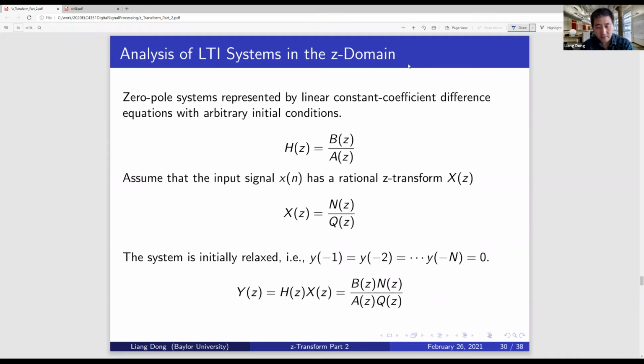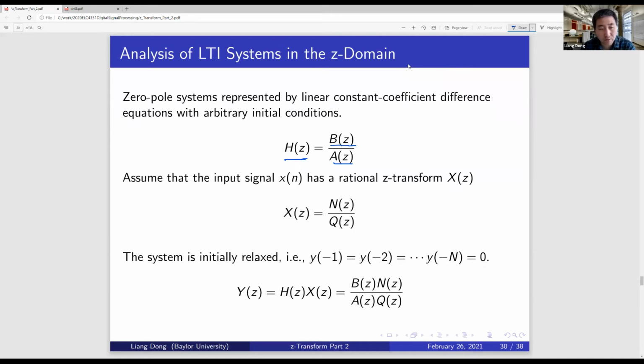So let's look at some extensions, a more general analysis of linear time-invariant systems in the Z domain. In general, it is a zero-pole system. Zero-pole system means that I have HZ, my system, with polynomials B and A both having orders greater than or equal to 1.